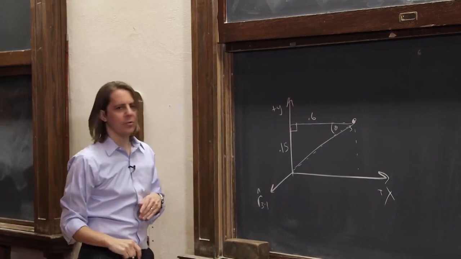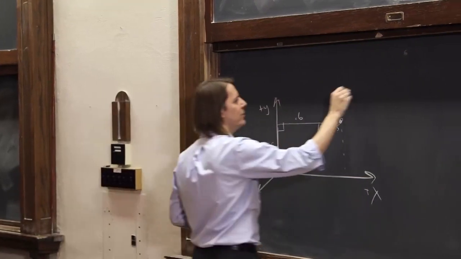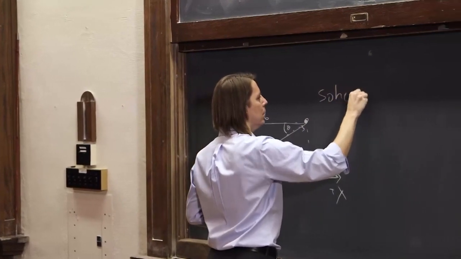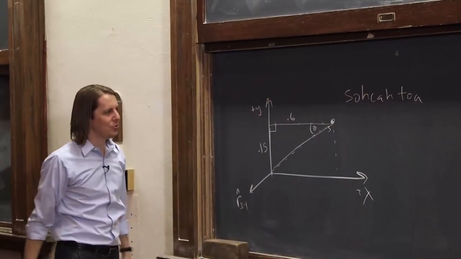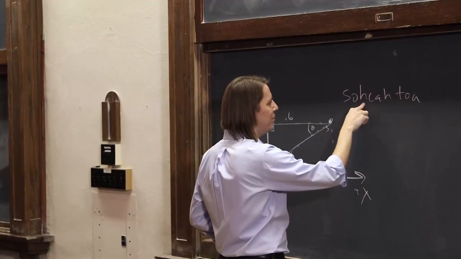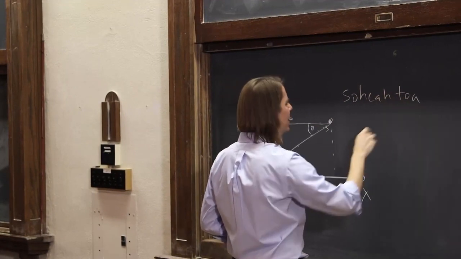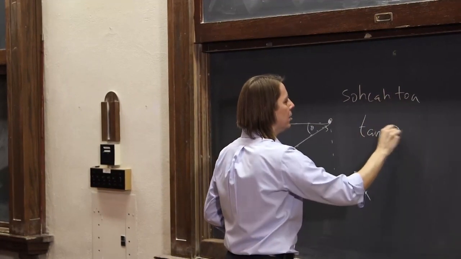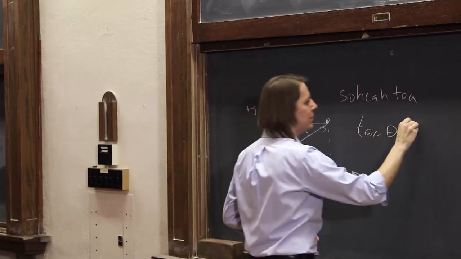So since we know those two things, we do know that angle. So you got to think back to your SOHCAHTOA. SOHCAHTOA is a word we learned to help us do trig, at least when I was young. So sine is opposite over hypotenuse, cosine is adjacent over hypotenuse, and tangent is opposite over adjacent. So we know that the tangent of theta is 0.15 over 0.6.